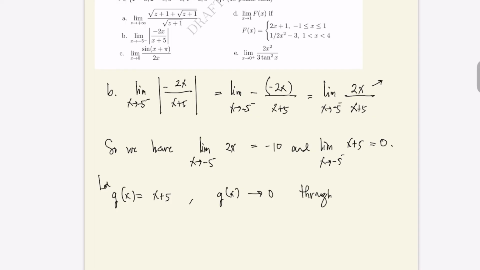Let's check. If I take the value negative 4, this is 1. If negative 3, it becomes 2. So it moves away, right? How about from the left of negative 5? Negative 6. So it moves closer, right? So, this is through negative values.